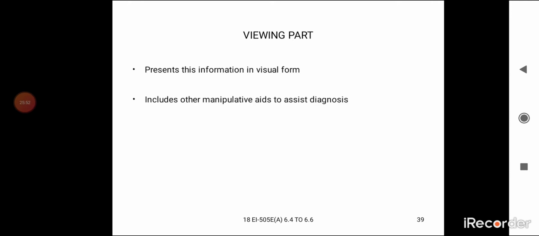Viewing part: it presents the information in visual form and includes other manipulative aids to assist diagnosis.